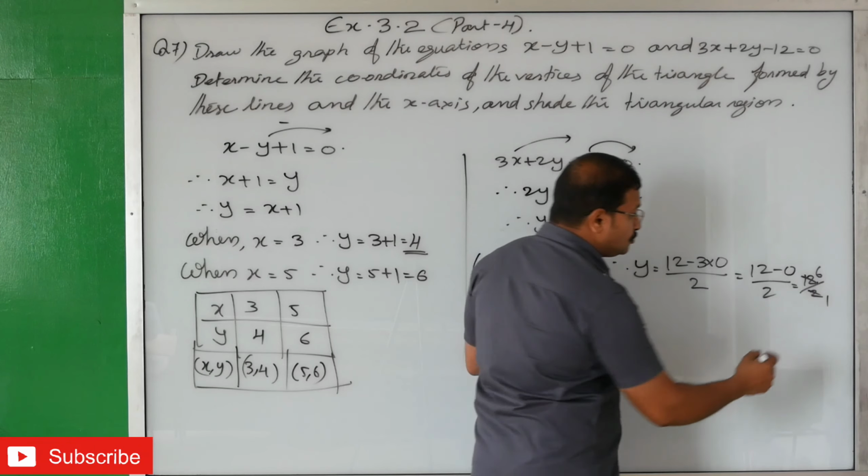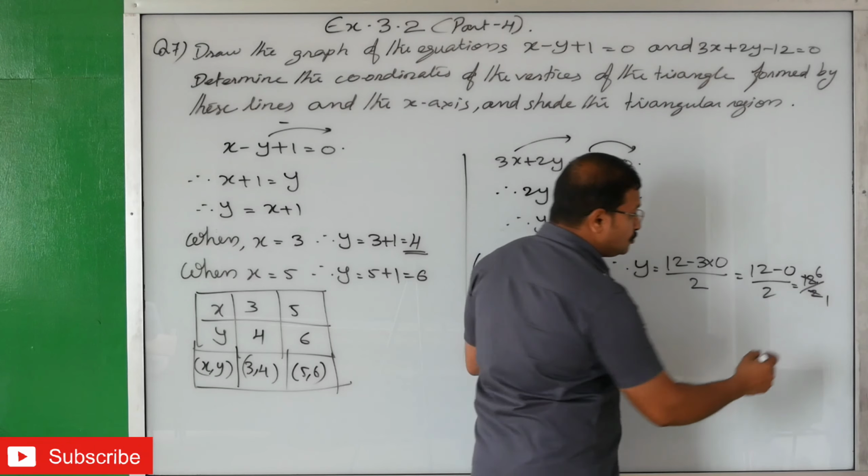After that, when x equals 4, therefore y equals 12 minus 3 into, in place of x we will write 4, isn't it? Divided by 2 equals 12 minus 12, since 3 fours are 12, divided by 2 equals 0 by 2 equals 0.